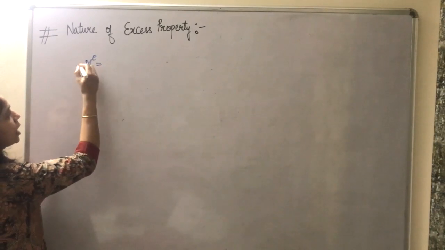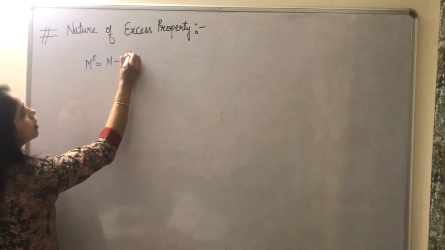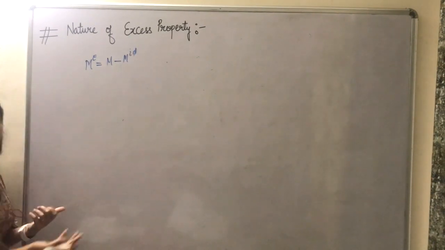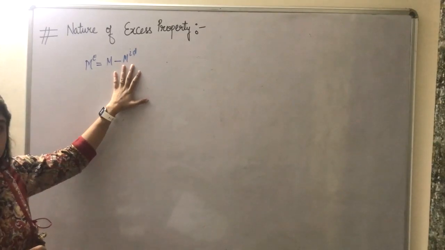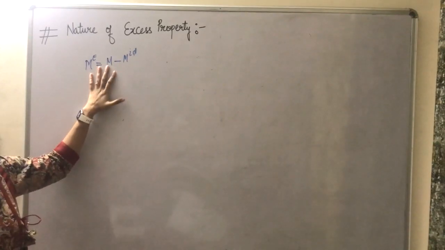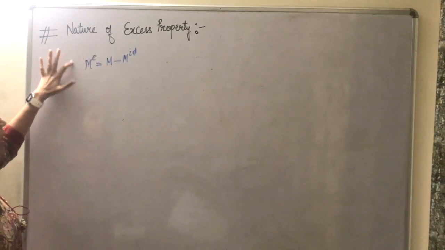For any proper thermodynamic property, we can define excess property by M real minus ideal solution. If I have information about the ideal solution, and I want to know the thermodynamic properties of a non-ideal solution, so of course मुझे क्या चाहिए?